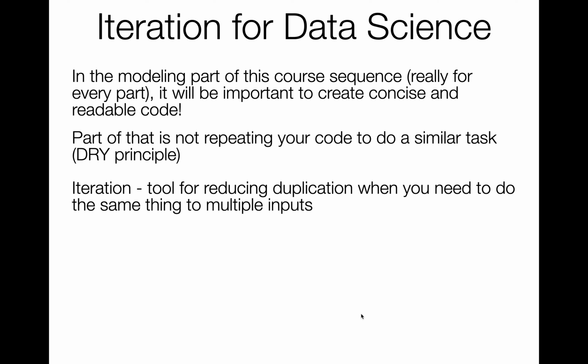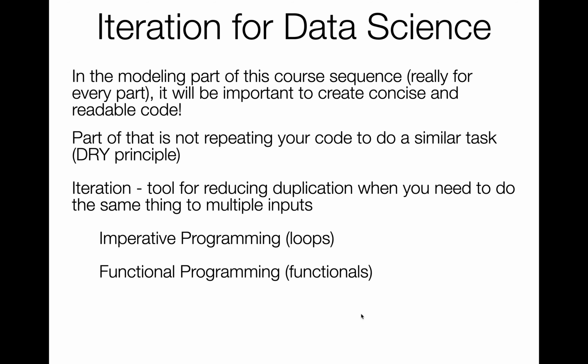Okay, so there are two types of programming that kind of go along with iteration, and the first is called imperative programming, and that's what you're probably used to in other languages. Those are the loops, the looping structures, so a for, a while, so on and so forth. And then there's another paradigm of which R belongs to, which is functional programming.